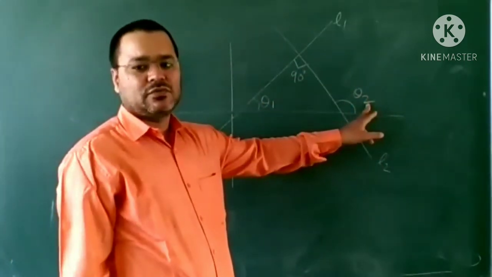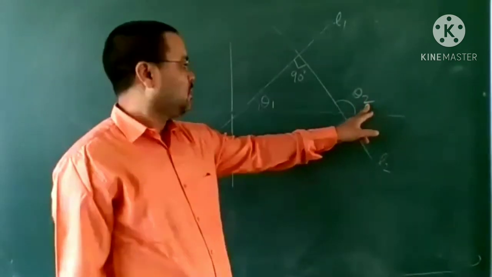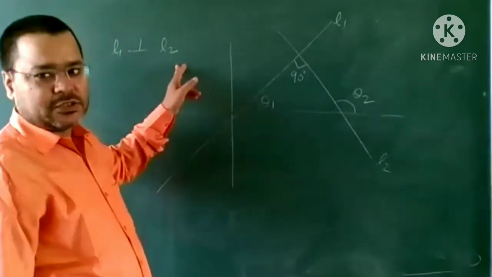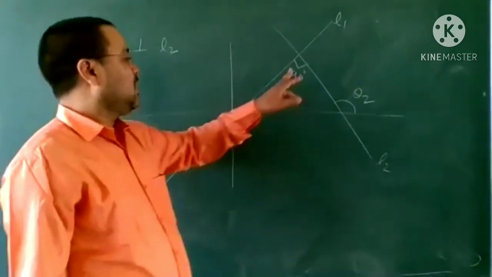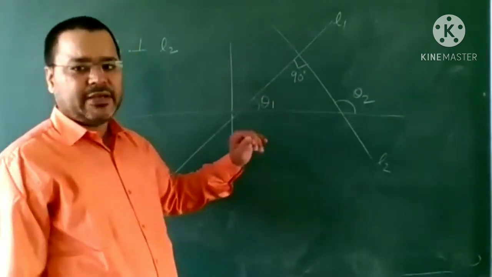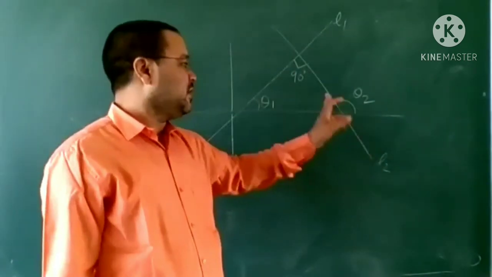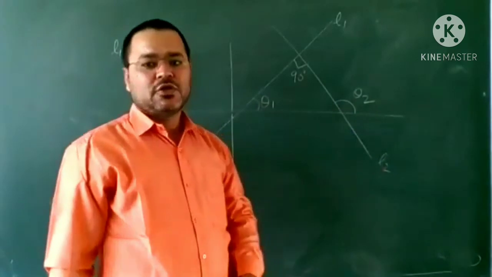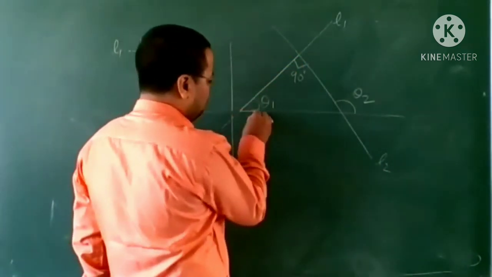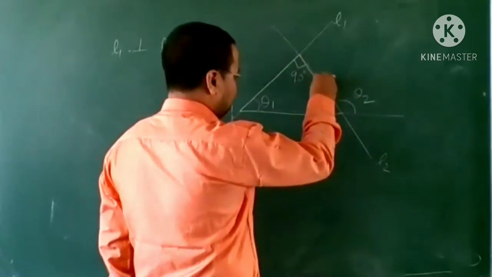Any problem? I think there should be no problem. Here L1 is perpendicular to L2, such that the inclination of line L1 is theta 1 and inclination of line L2 is theta 2. So here this forms a triangle, a right angle triangle.